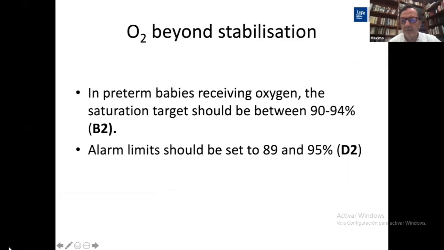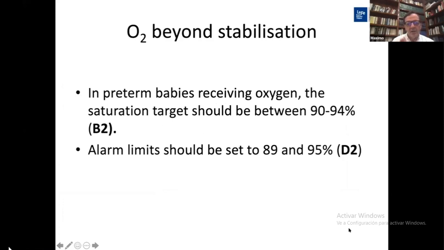Yes, that's perfect. Okay. So my second part will deal with different aspects. One is O2 beyond stabilization. Our review of the literature shows that in preterm babies receiving oxygen, the saturation target should be between 90 and 94.